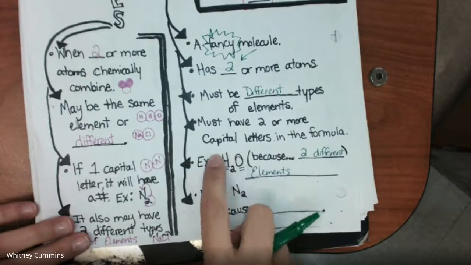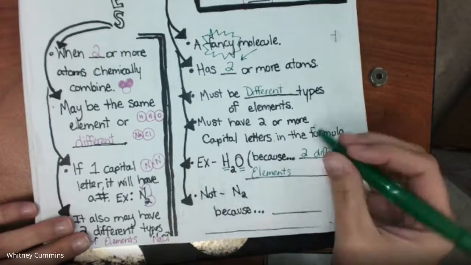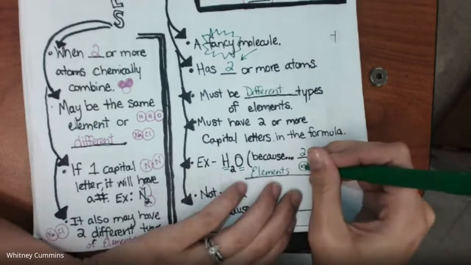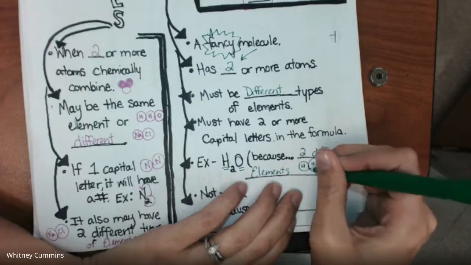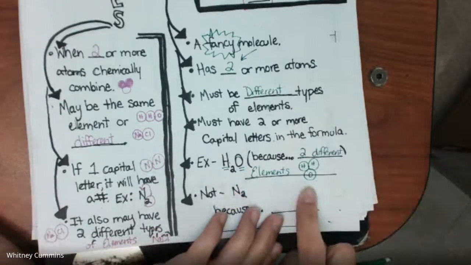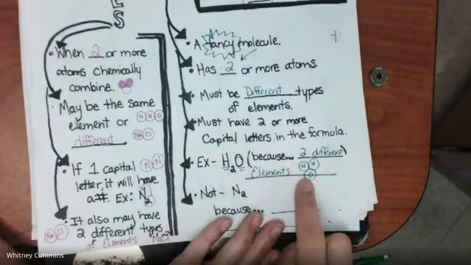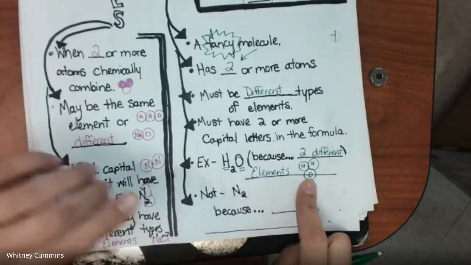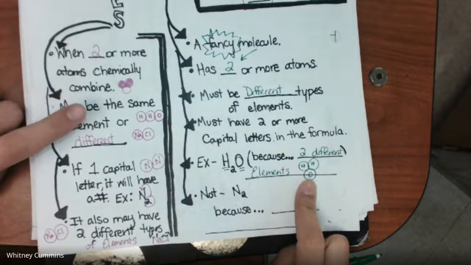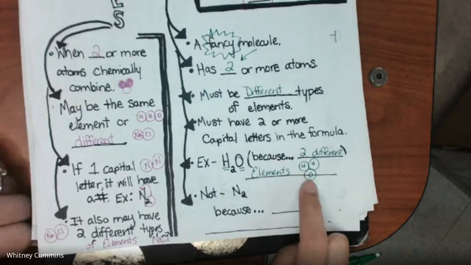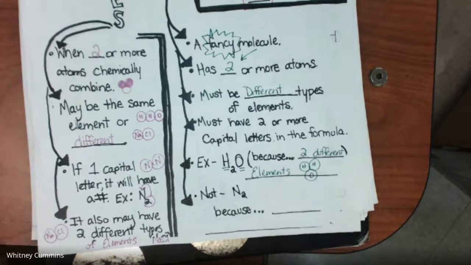They're all stuck together, so it would look like this. And it's just water. But because it's fancy, I'm going to call it a compound. It's both a molecule because it has more than one, but because it's fancy, we also call it a compound.